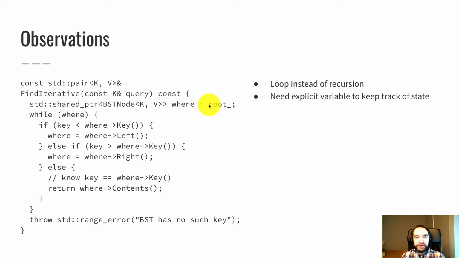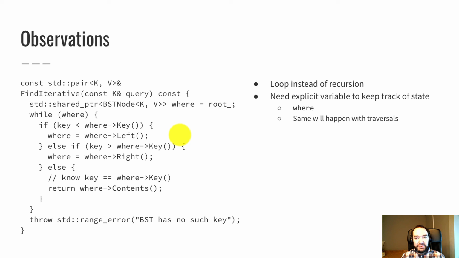That was not in the recursive code. And we need to update it. Where changes over time. And that adds a little bit of complexity in a way because there's one more variable in the mix that gets reassigned. When you run this, you have to think in your head, what is where right now? Where is representing where we are, which node we're at. So again, a little bit more complicated because of that.